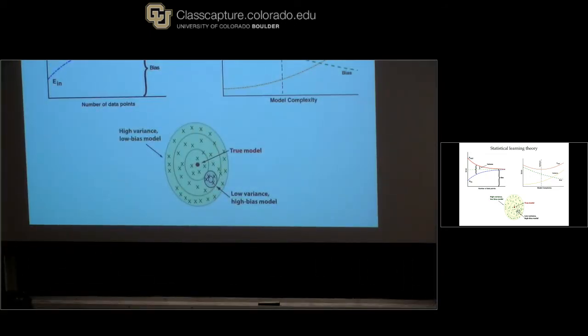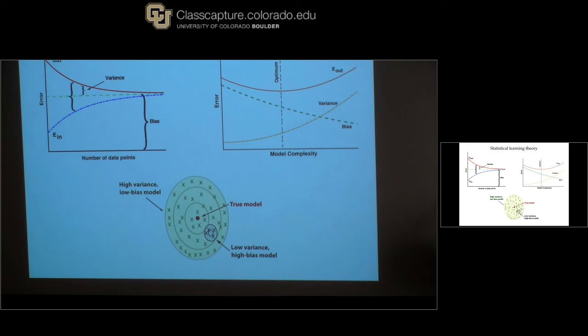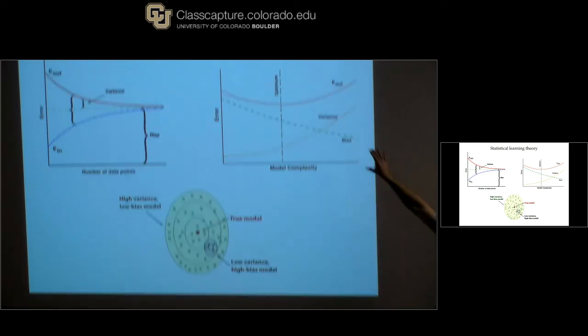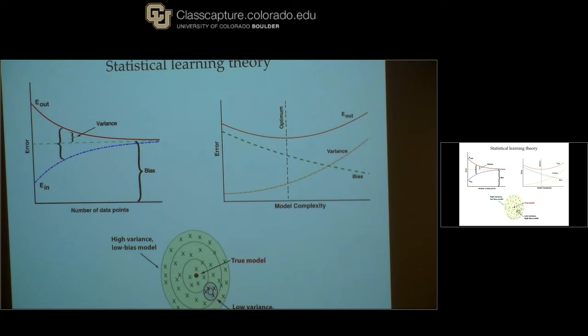And the idea is that the neural network should be so far on this end of things that they have essentially no bias because they can fit anything that you want, but they should have a large variance in this language, and therefore their test performance should be very bad, even though it's data drawn from the same distribution as the training data.